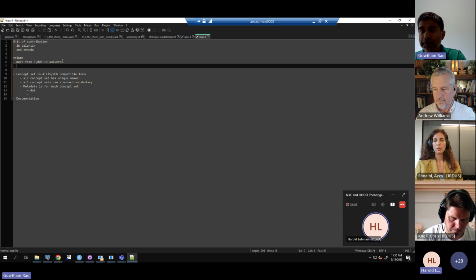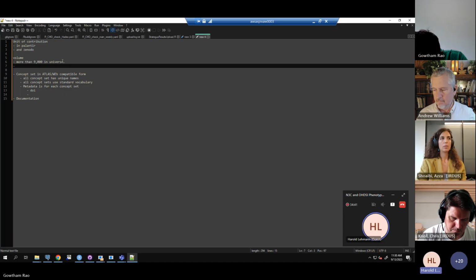Yep. And I take it I could see the current state of the metadata just by going to the library. Yeah. So the current status of metadata for cohort definitions are in the Odyssey Phenotype Library, which is an exposed GitHub repository. The structured forms are in the GitHub repository.